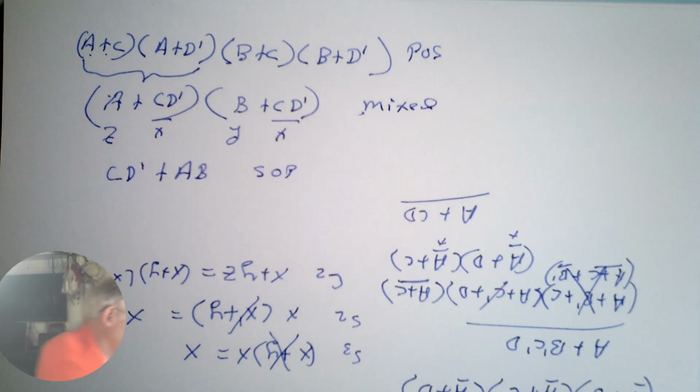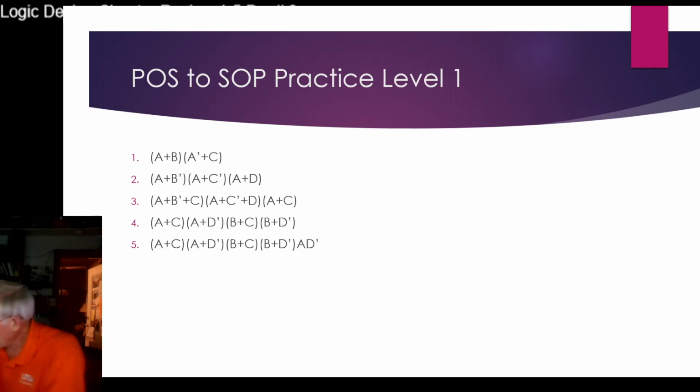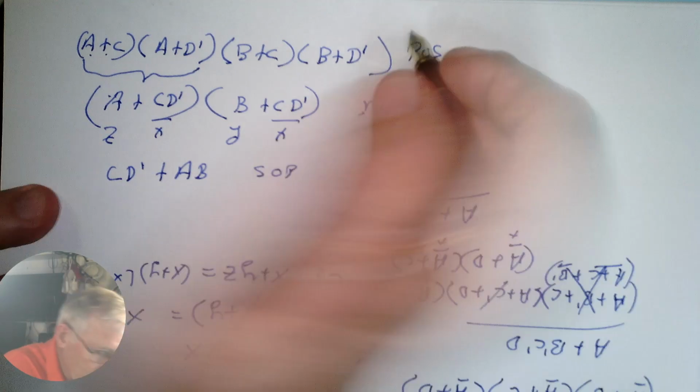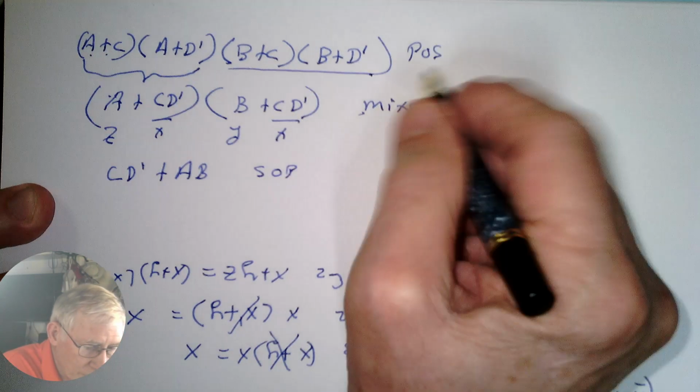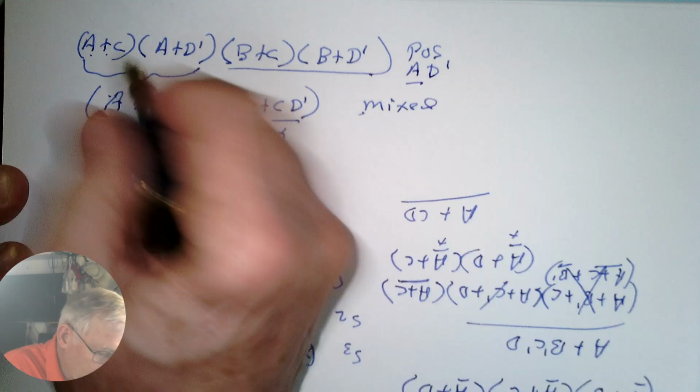All right? And finally, let's look at the last one. (A plus c) quantity times (a plus d) quantity times (b plus c) quantity times (b plus d) times a d prime. So it's basically what we just had, only we're multiplying it. So let's switch it here. It's this right here plus a d prime. Well, our a lets us drop these two terms.